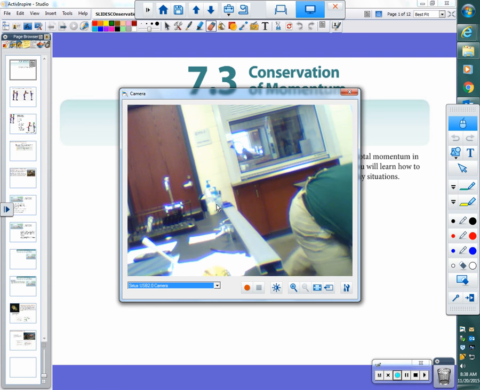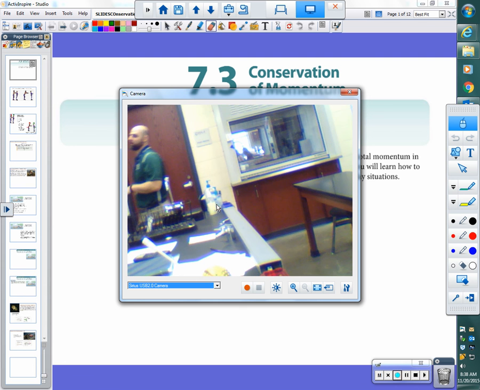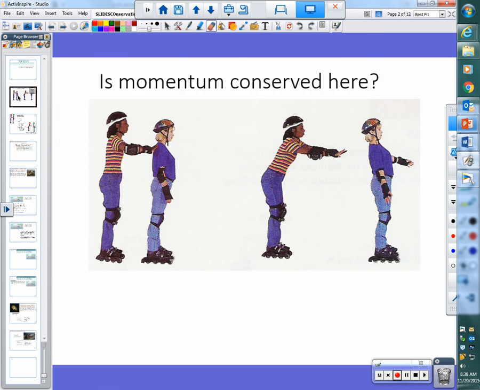So the question comes up: is momentum conserved in that demonstration? Other than the fact that you can see it on your sheet, do we know why?